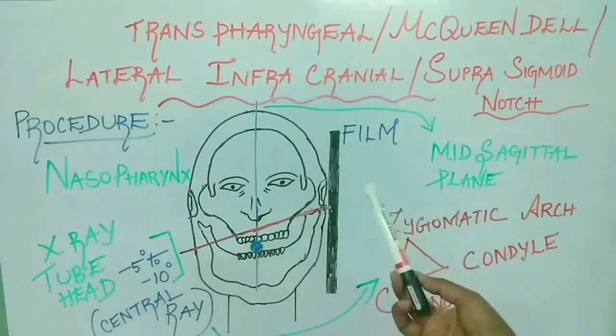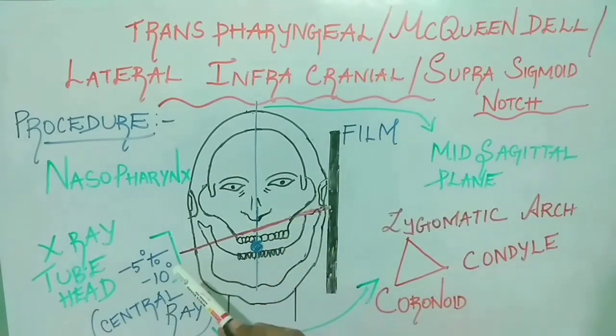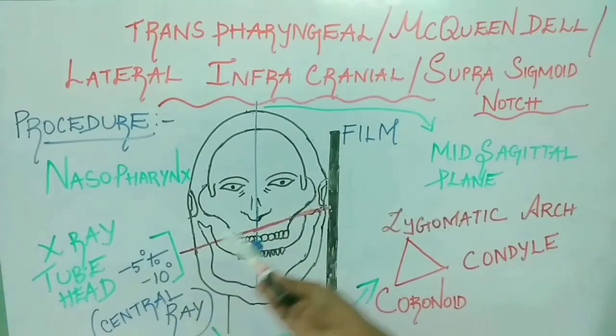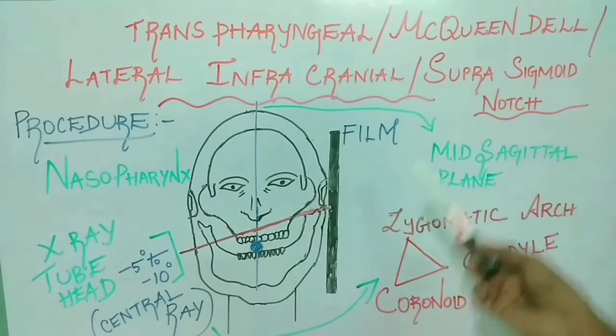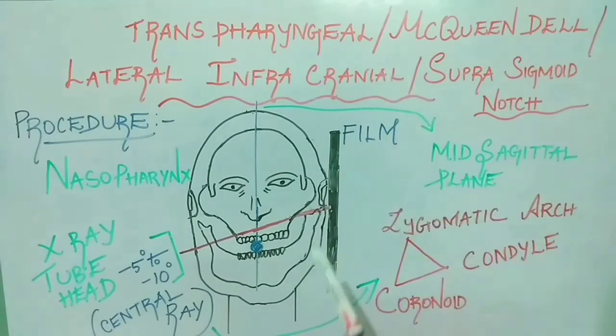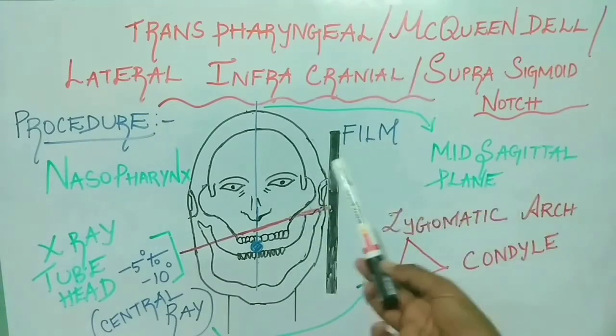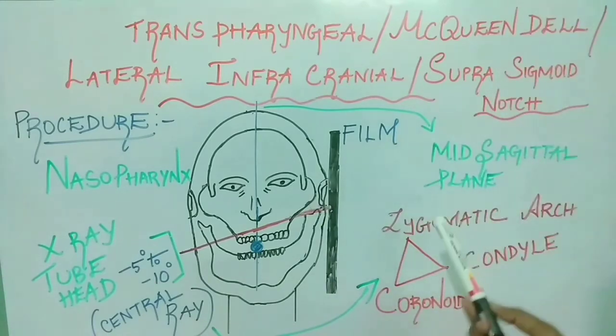Trans means across or beyond or to the other side. The central ray is directed across the pharynx just above the sigmoid notch. That's why it is known as suprasigmoid notch projection. The central ray is directed across the pharynx just above the sigmoid notch through the window which is formed by the zygomatic arch, condyle and coronoid.